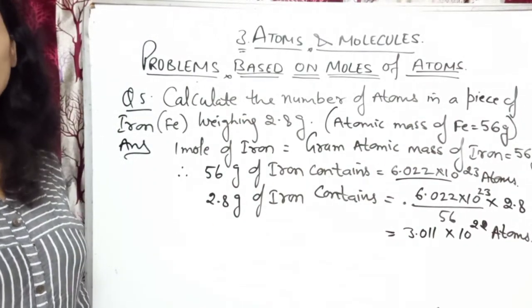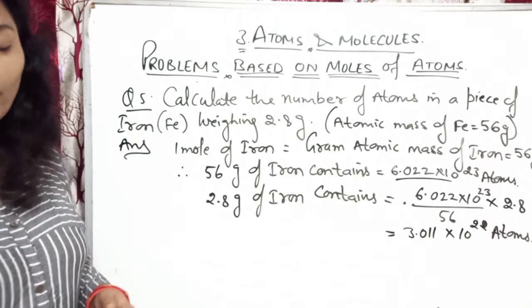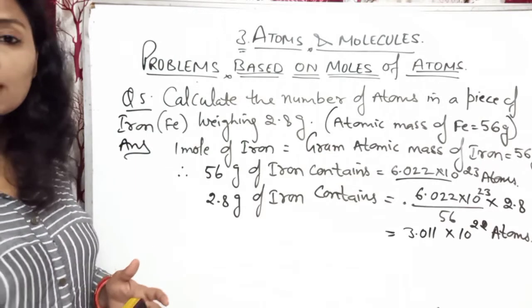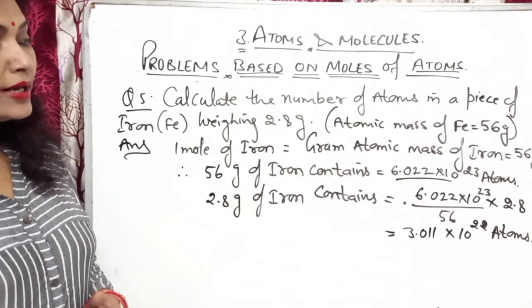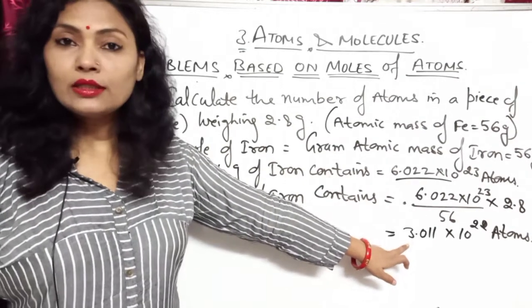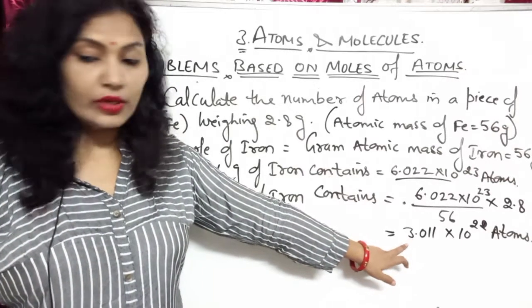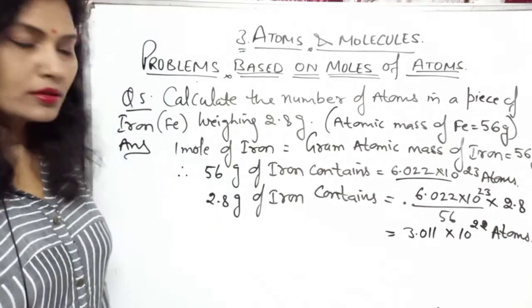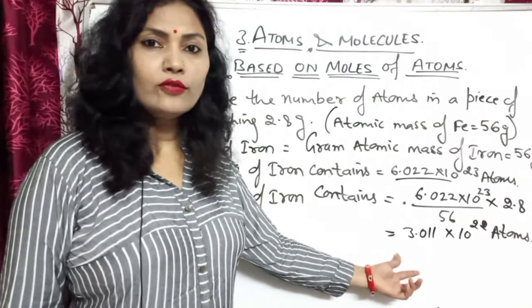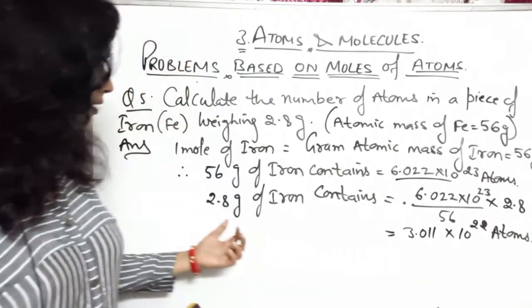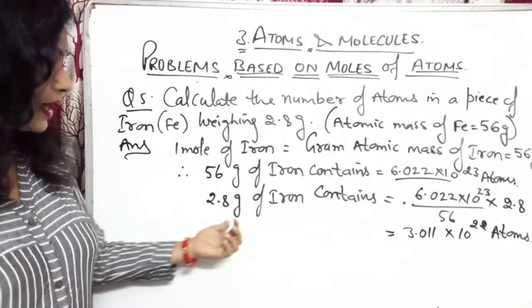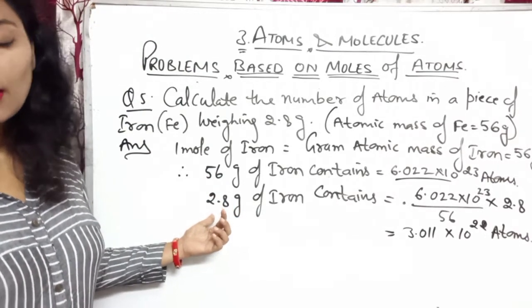So we can say that a piece of iron having a mass of 2.8 grams contains 3.011 into 10 to the power 22 atoms. These atoms of iron are present in that mass of iron, 2.8 gram.